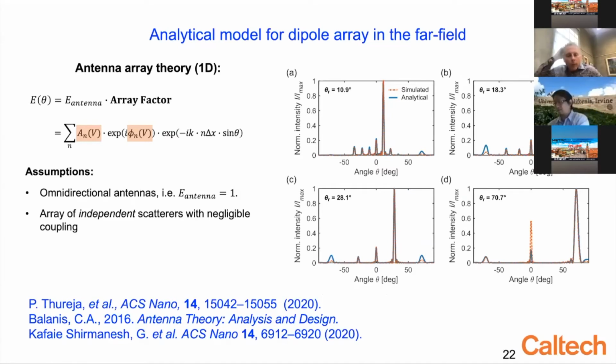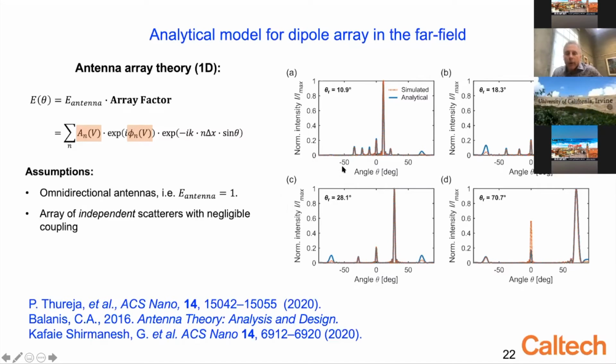They're sub-wavelength in size and pretty closely spaced, but you can still get away with a very simple first-order description of the field as the field from a scattered antenna plus an array factor. If there's inter-antenna coupling, things get complicated and this description breaks down. But in the limit where each independent antenna is an independent dipole scatterer, you can use this array factor analysis to look at the steered beam in the far field.